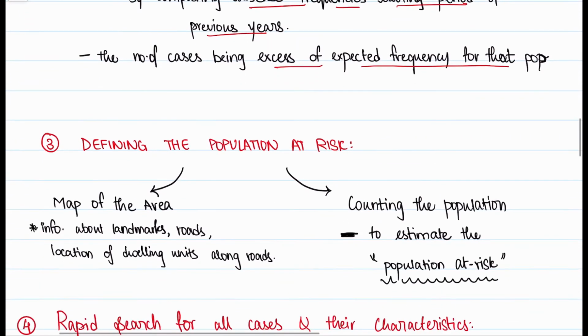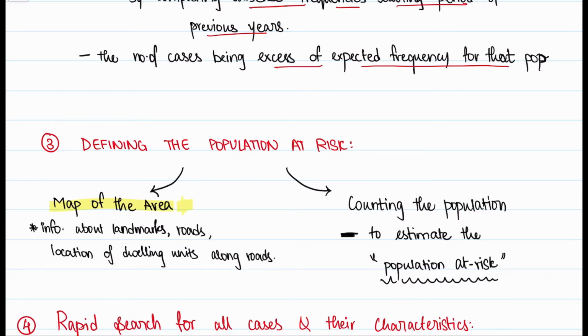Then we define the population at risk. Now we know that it's an epidemic, it's going to spread. So we define the population at risk. This is done by drawing the map of the area. So we get a map of the area, information about landmarks, roads, locations of dwelling units along the roads, and then you divide it into divisions, then the divisions again into different regions and localities, so that it's easy to define the population who are at risk.